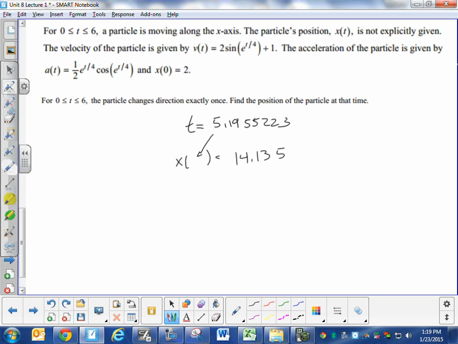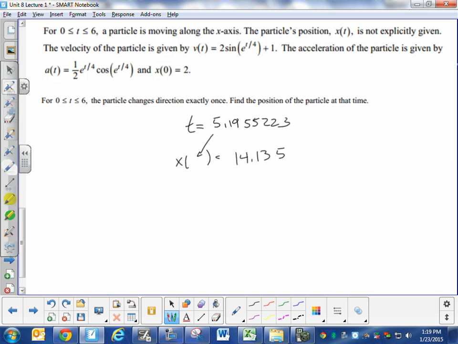When would we be able to, or what do we have to analyze to see when a particle changes direction? When velocity changes sign. Okay. So that's step one. You need to figure out when velocity changes sign. You don't want to set velocity equal to 0 and solve that by hand.